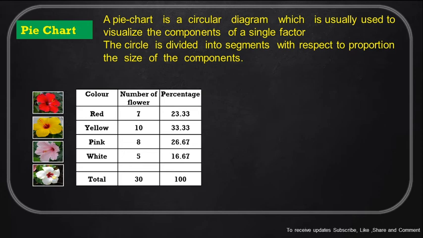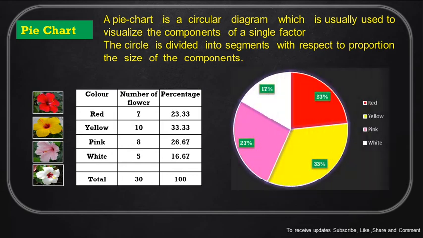We have the number of flowers on a particular occasion and we have calculated its percentage, and this can be represented by the pie chart or circular bar diagram, where each segment represents a particular category. Red flower is 23%, yellow flower is 33%, pink flower is 27%. So, likewise each segment represents a particular category.